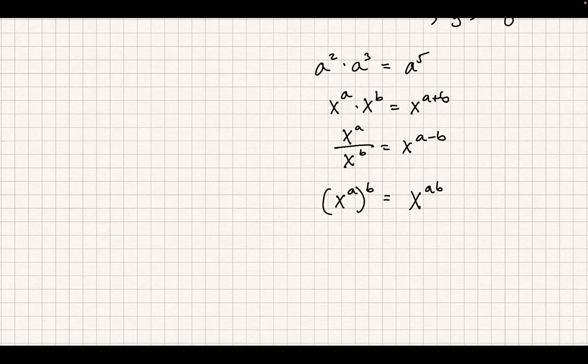And then do we have another one? Inverse multiplication. Now there should be an x to the a divided by b, right? So maybe it's x to the a to the 1 over b. What would that be?